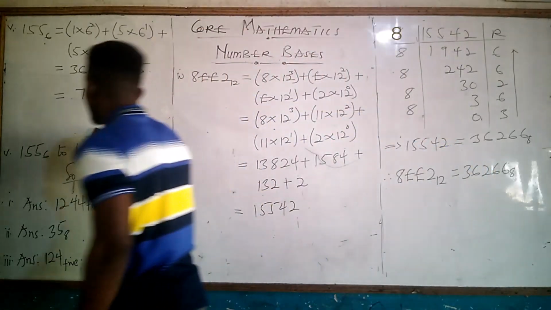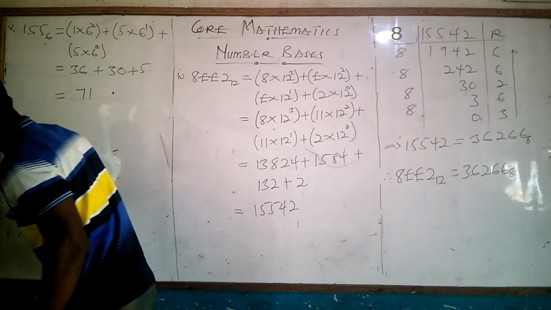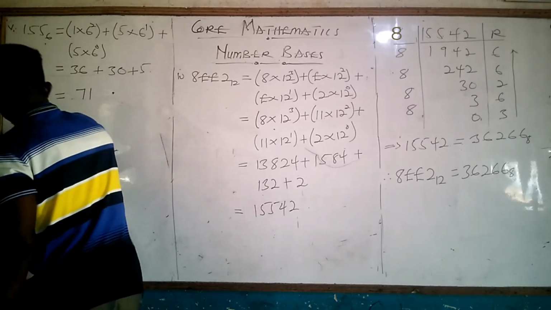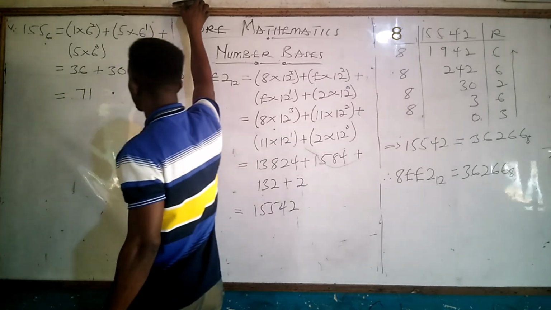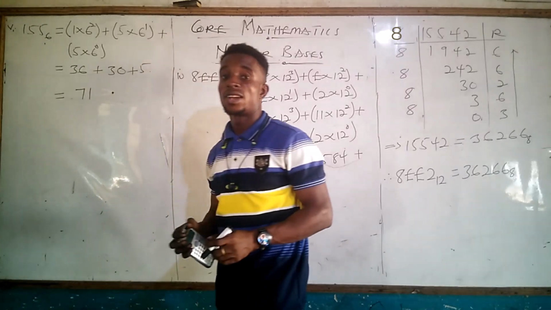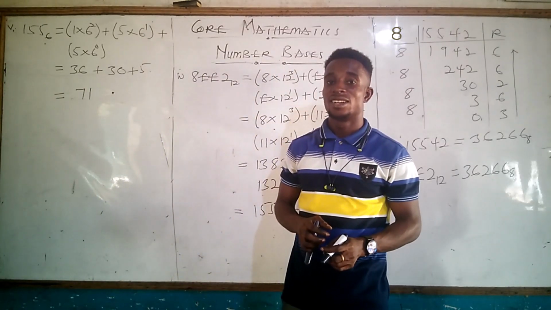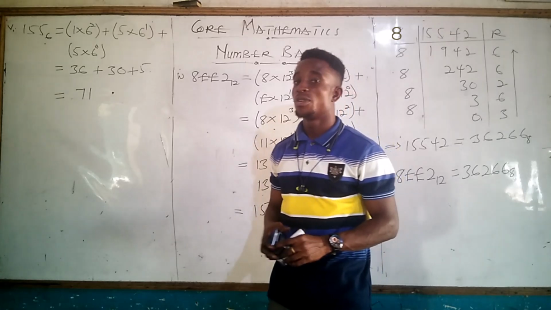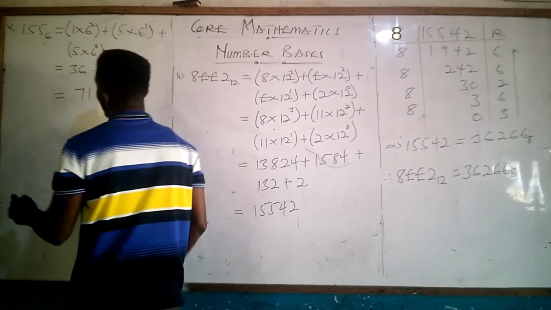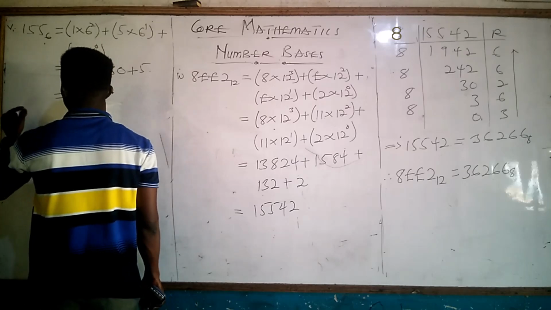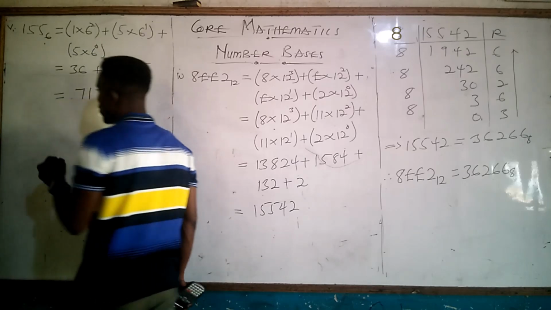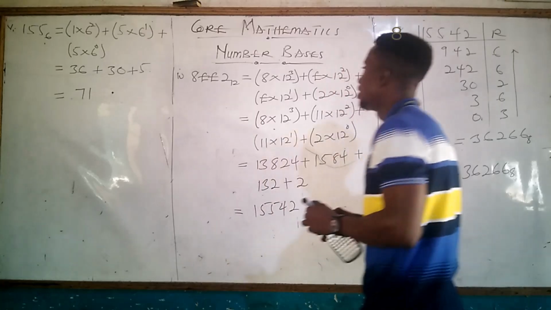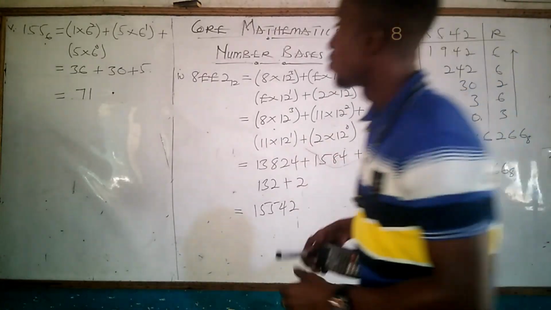We now convert this base 10 to what? Base 12. And I think you can do that, right? Okay. You can pause the video and try, before you click on the play. Okay. So we are converting to number base 12.